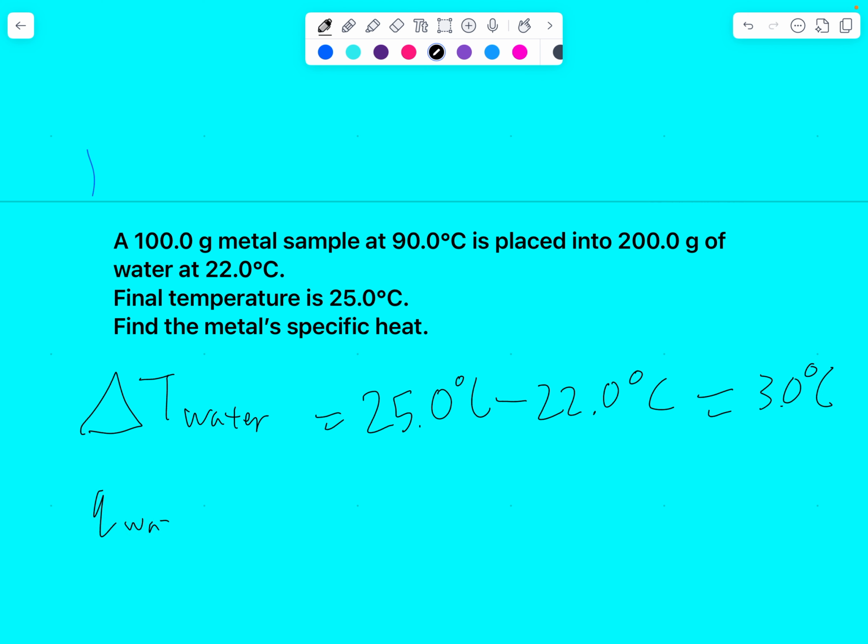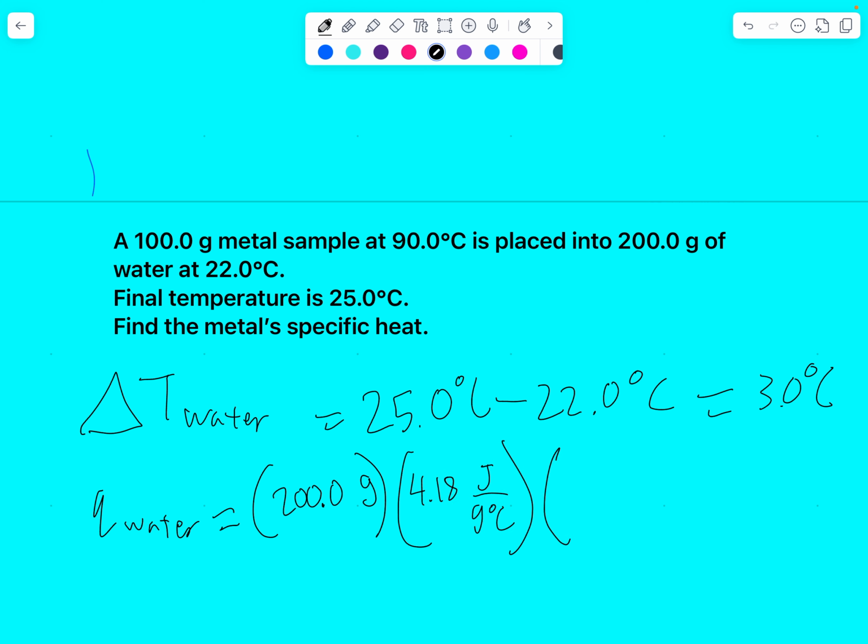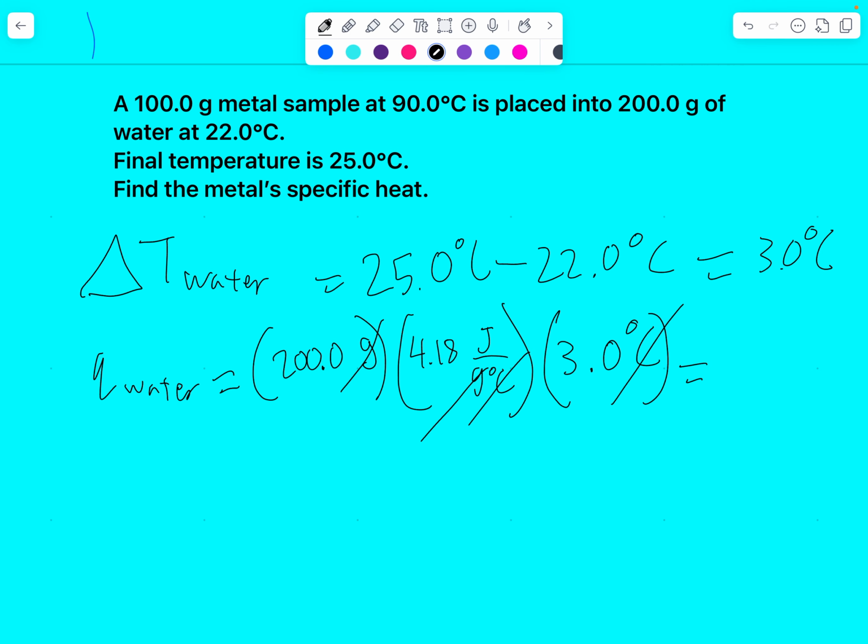So the Q of water is 200.0 grams times 4.18 J per gram degrees Celsius times delta T of 3.0 degrees Celsius. So look at this, degrees Celsius cancels out, grams cancels out, and then you're just left with the correct unit of joules. So this would be 2508 joules.